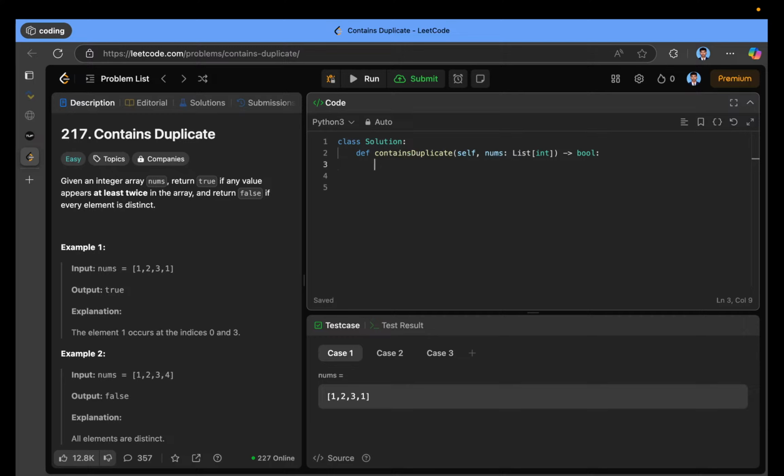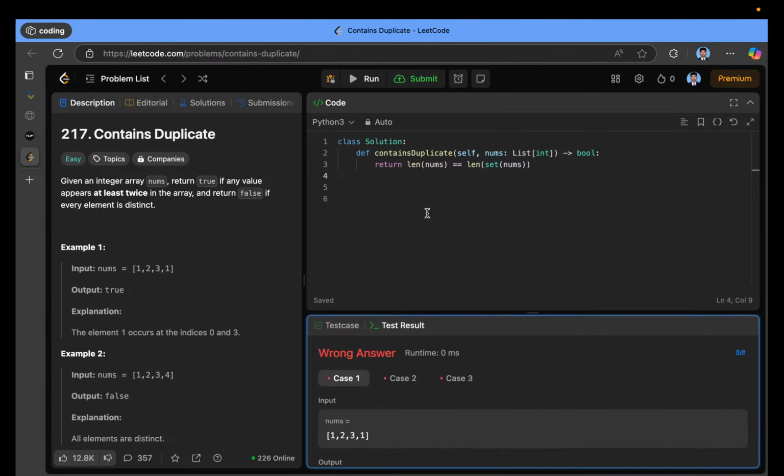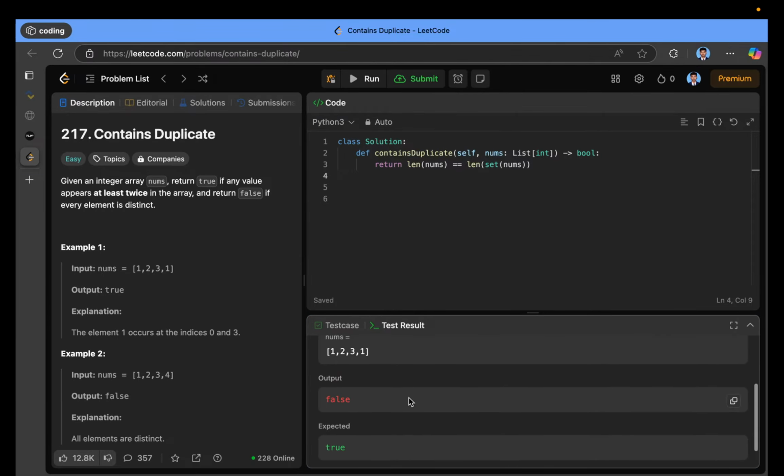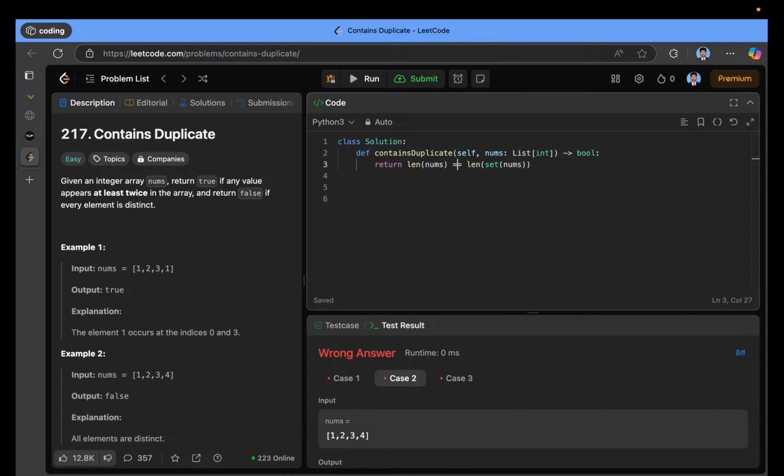I just have to return whether the length of nums is equal to the length of set of nums. This should solve this question. Okay, output is false, expected true. Okay, okay, this thing.